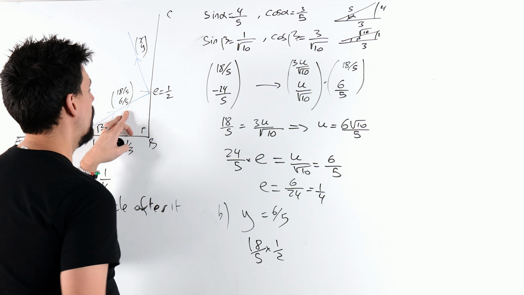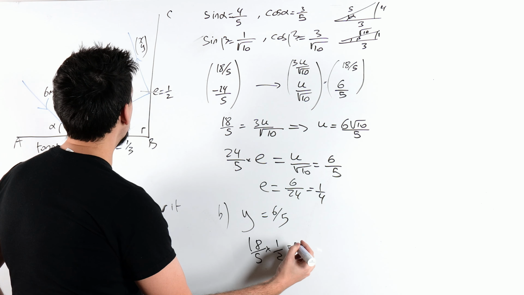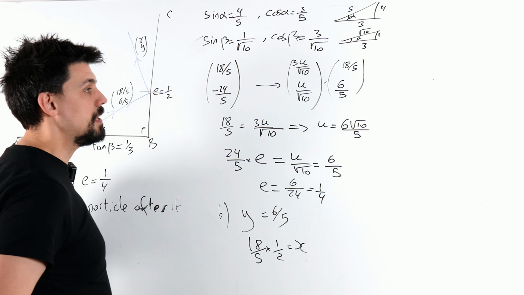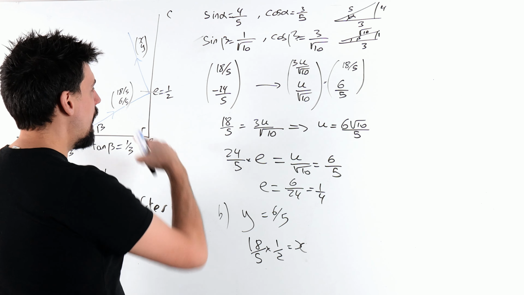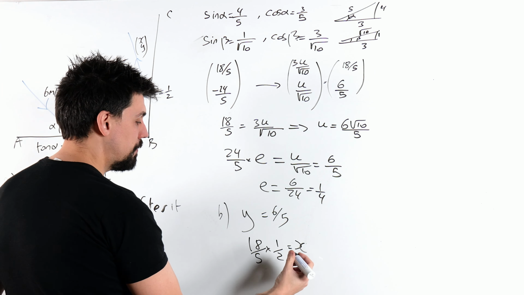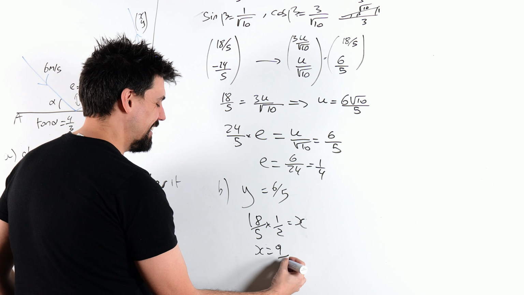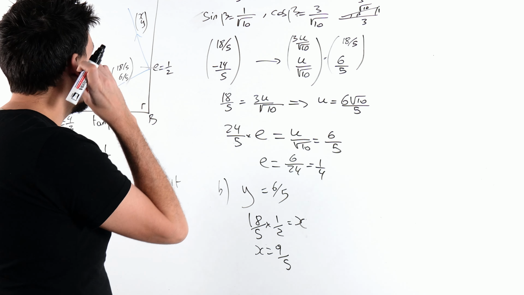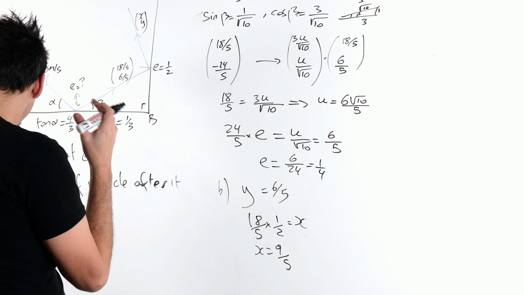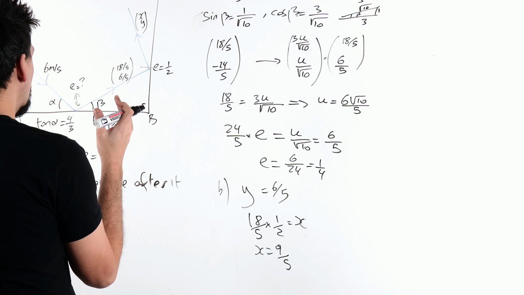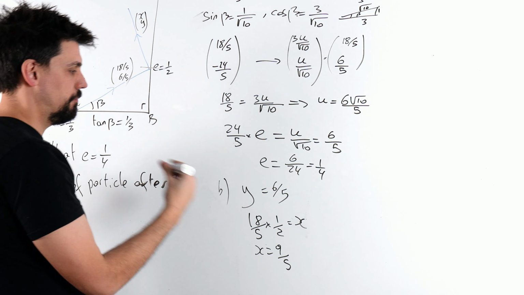Times that by your coefficient of restitution, and that will give you your speed of separation, which is going to be x. Now we are going to have to put in the directions ourselves, so that gives me x is 9 over 5. However, we do know that we are heading off to the left, so technically it's minus 9 over 5. All right?